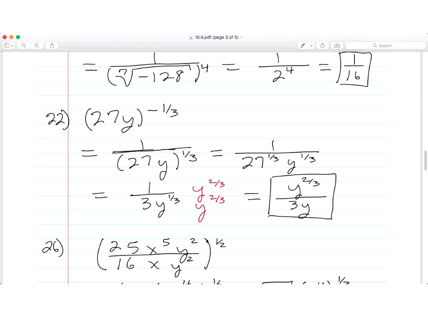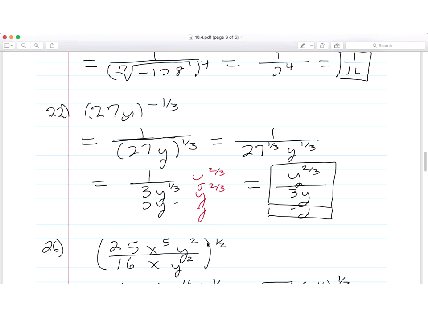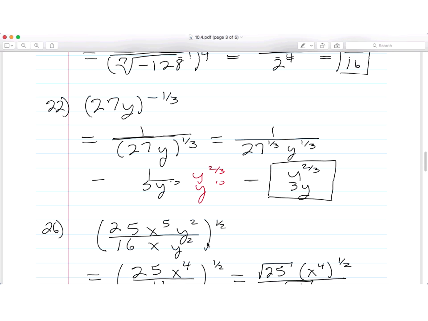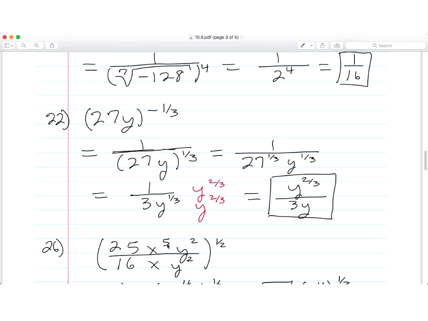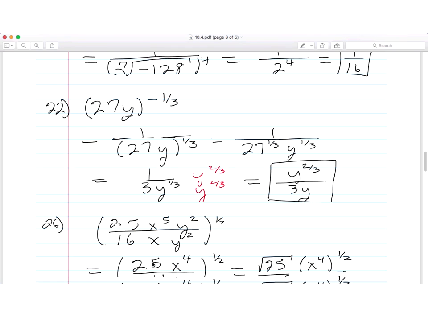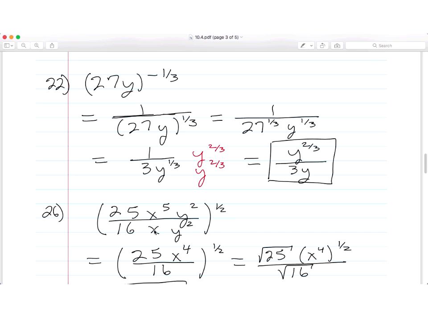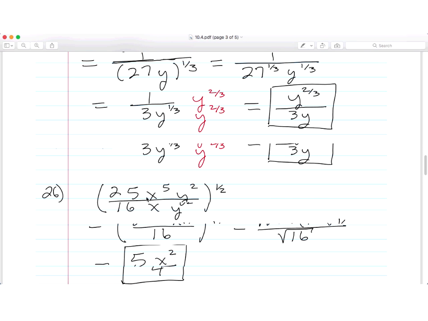Let me do problem number 26. So I have 25x to the 5th, y squared over 16x y squared to the 1/2. Let me cancel some of this. Notice that x to the 5th divided by x is x to the 4th, and the y squareds cancel. And so now, let us raise each of these to the power 1/2.